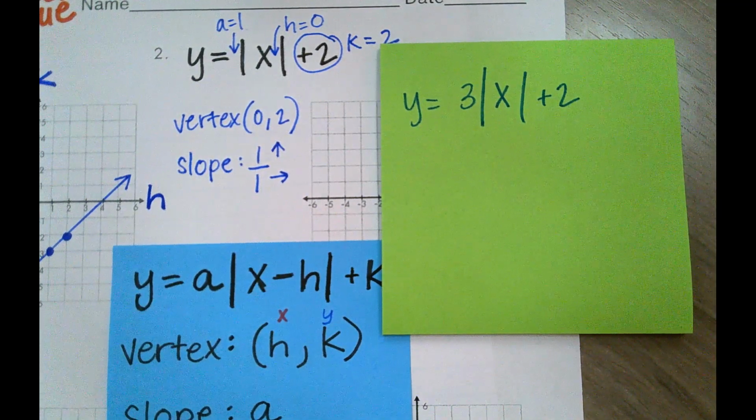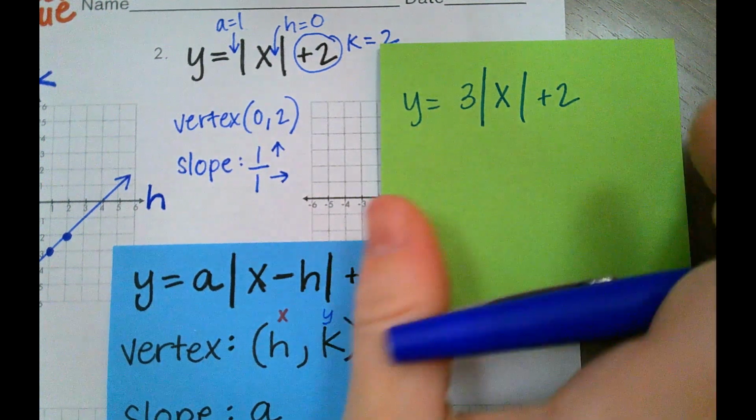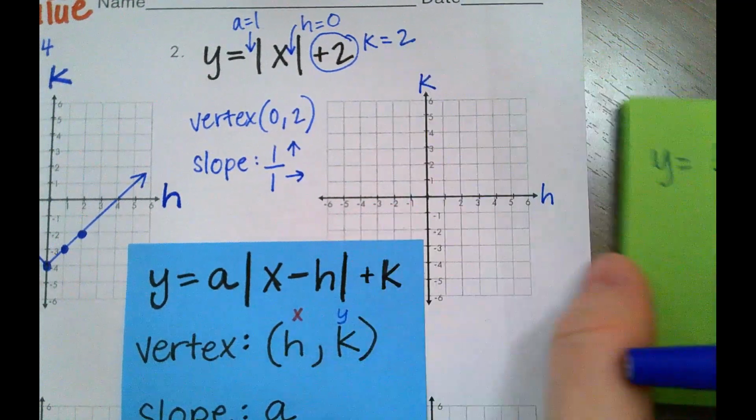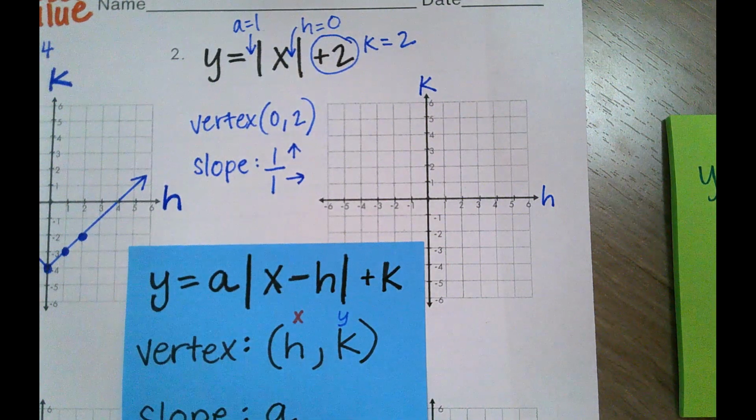So the basic gist is whatever A is, it'd be that number over 1. Unless they give you a fraction for A. Like if it was 1/2, up 1 over 2. So whatever number's on the bottom is how far over you go. But we'll get to more examples like that. We'll get used to this first.